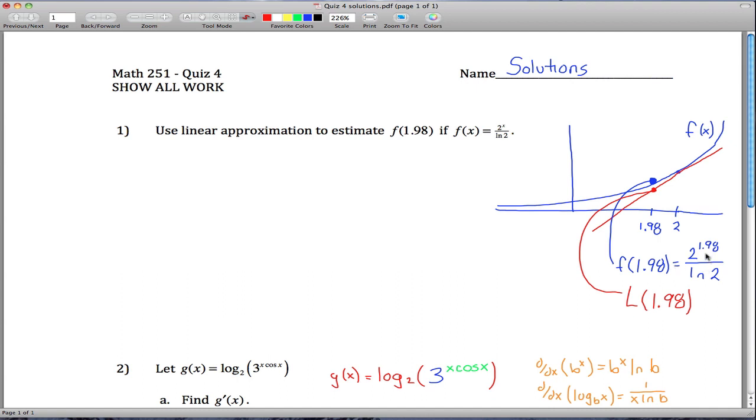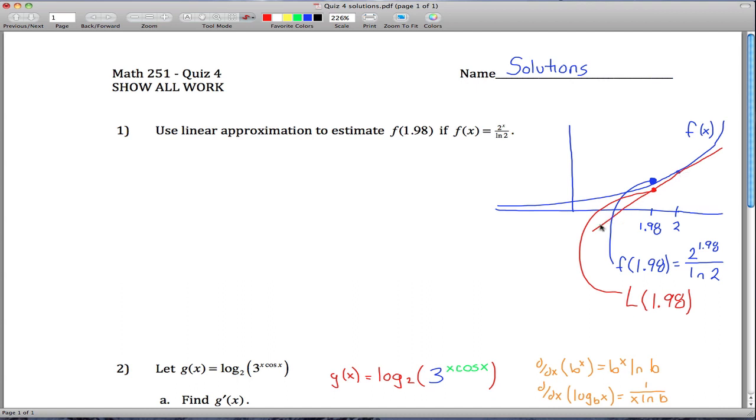You can't calculate this. So what you do is you take advantage of the fact that close to 1.98, 2 in this example is a number that we can figure out the derivative of. And since we can find the derivative of this function at 2, we can come up with the equation of this red line right here, the tangent line to f of x at x equals 2.